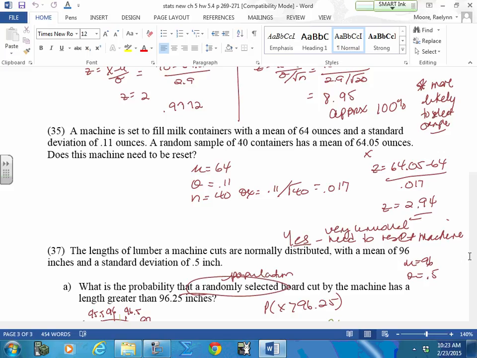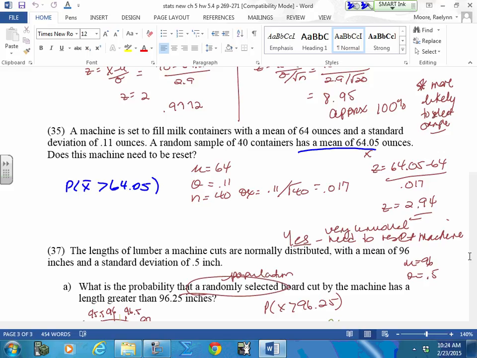Technically, if it's more than this, something's very unusual here. If it's within my plus or minus 1, I'm okay. My machine is doing pretty good.